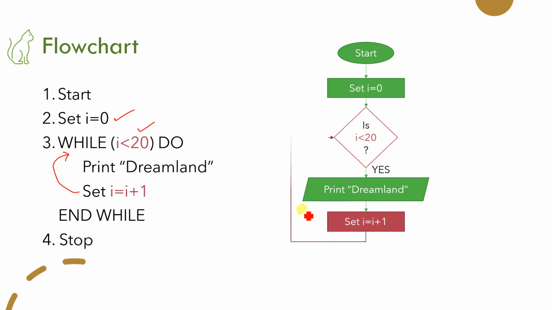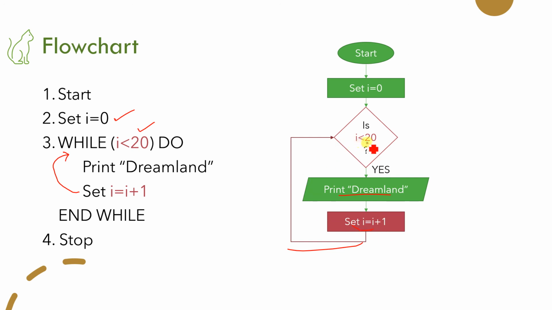Obviously we will go back here and the I value gets incremented to 1. 1 is less than 20, yes, then print dreamland, then set I equal to I plus 1, which is I equal to 2. So 2 is less than 20, the condition gets satisfied, print dreamland, then I is equal to 3.